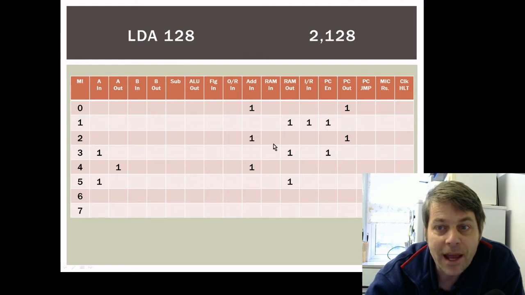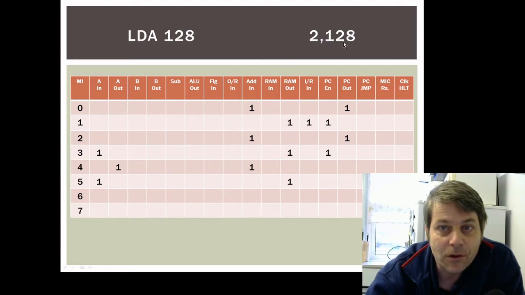Because we're loading A, first we take the value of RAM, address register in, program counter out, and then we take RAM out and put it into A. That gives us the value 128.